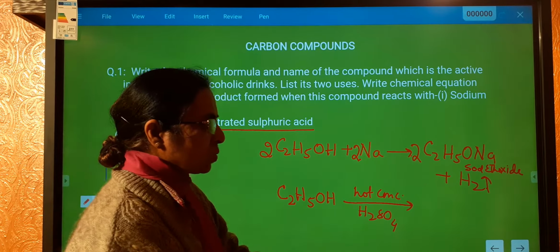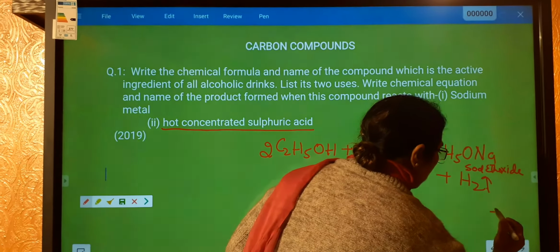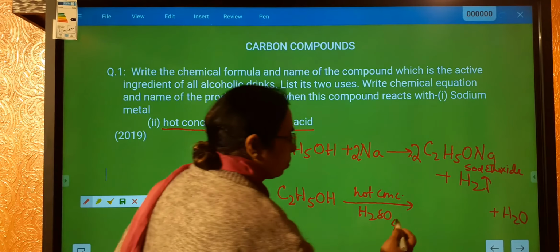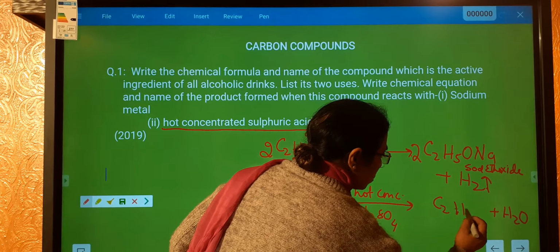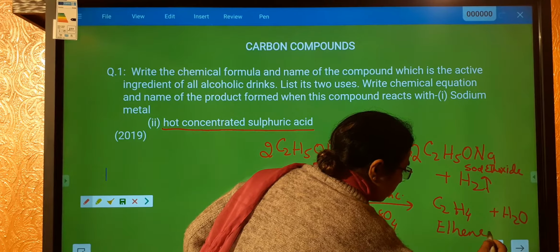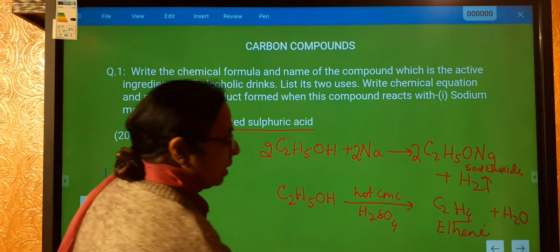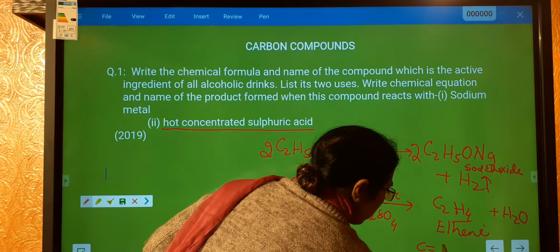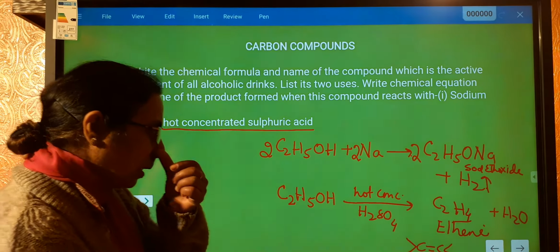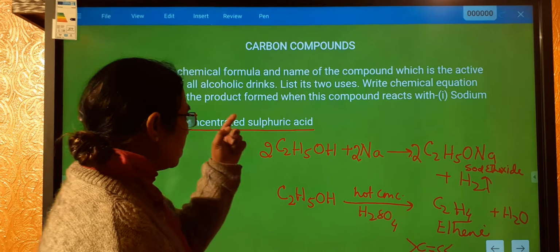Dehydrating agent means it will take out H2O. So when you remove one H2O from it, you get C2H4, which is ethene. C2H4 ethene plus H2O is formed.